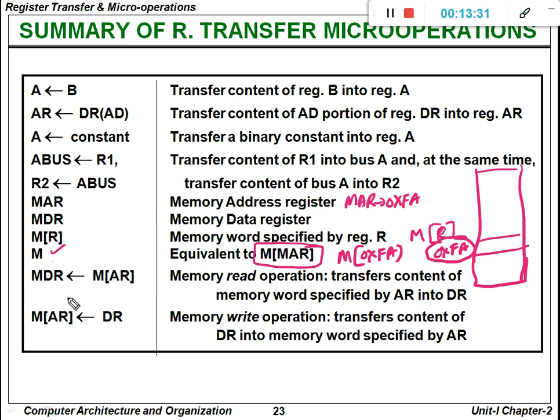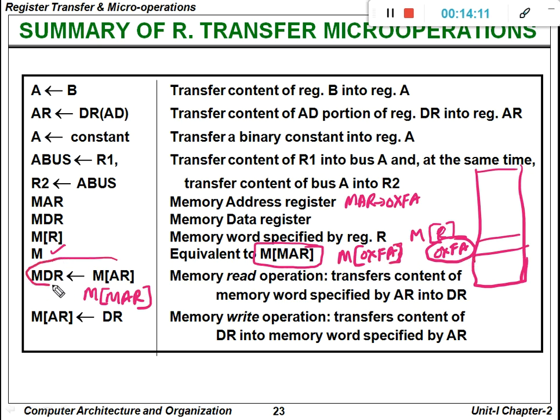As far as the read operation is concerned, MDR assignment M of AR. Sometimes we may say M of MAR. Both AR as well as MAR represent the same thing. AR means address register, MAR means memory address register. Both specify a particular address location in main memory. As we have seen, if I say M of 0xFA, it is going to fetch the content from this particular location.